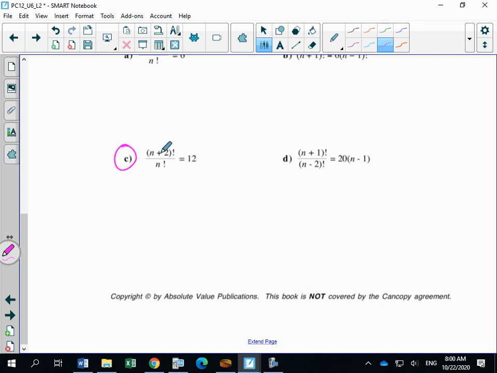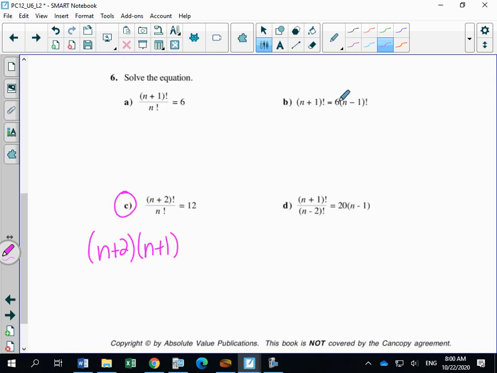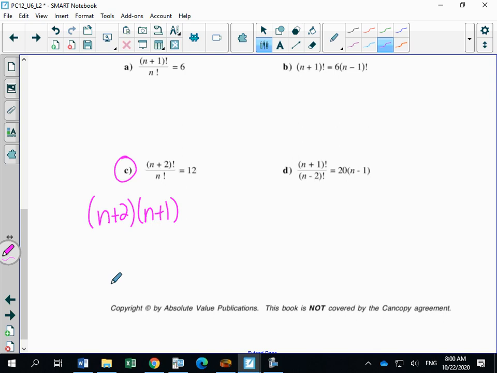So if n was 10, this would be 12, that would be 10. This is the one that unzips. So this would be n plus 2. When we subtract 1, we would get n plus 1. When we subtract 1, actually, I'm going to quickly set 6B up as well. When we subtract 1, what do we get? n factorial, all over n factorial, is equal to 12.